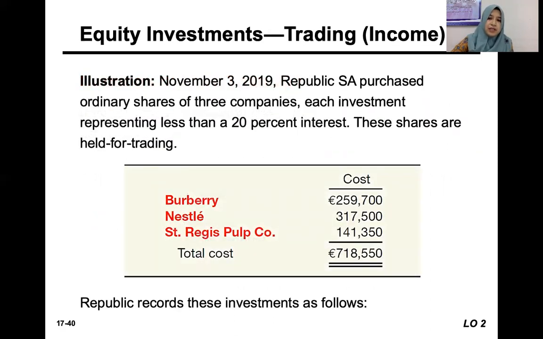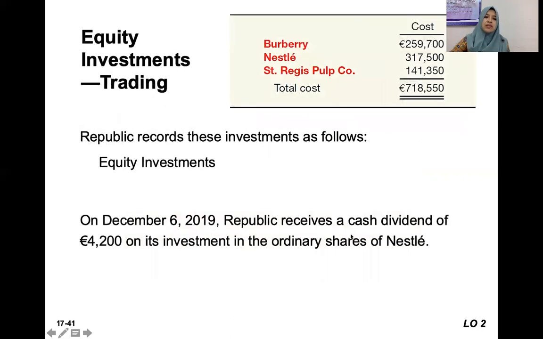For example, this company purchased three types of shares from different companies, and the shares are classified as held for trading. So we'll record the equity investments total as debit equity investments and credit cash.